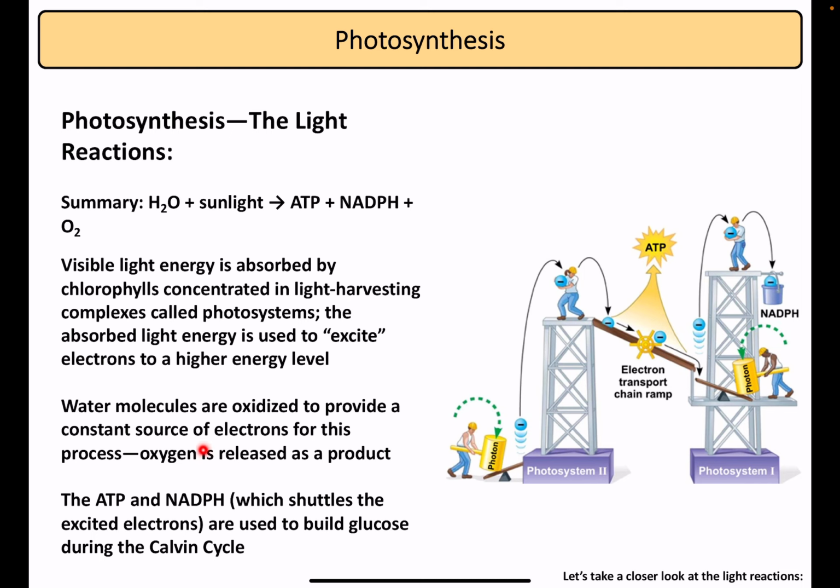In the process of splitting water, oxygen is produced. So that's how we got our oxygen. That's it. I really like this cartoon picture here. It's kind of an analogy of the more complex drawing that I just took you through, but it gets all the major points across. This is pretty much what a photosystem does. It brings an electron to a higher energy level.